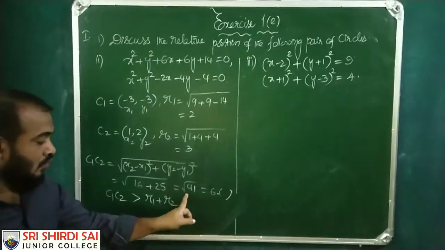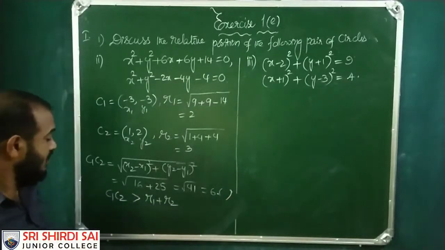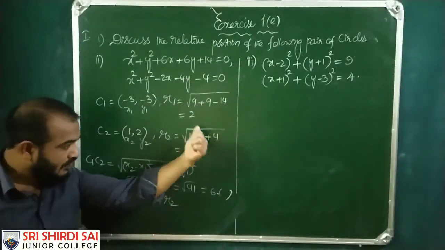So root 41 is more than root 36, 6 point something. So 6 point something is definitely more than 5.